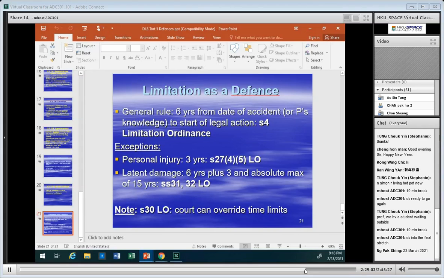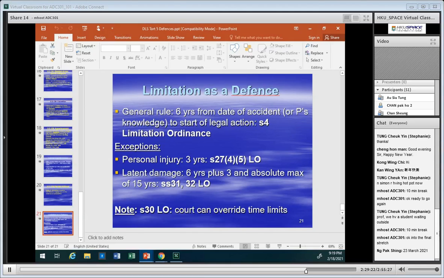Under the limitation ordinance, the general rule for tort actions is 6 years from the date of the accident. But don't forget, if it's a personal injury, the limitation period is only 3 years.